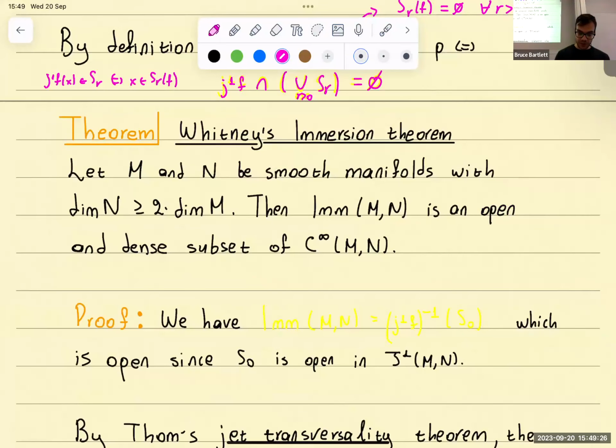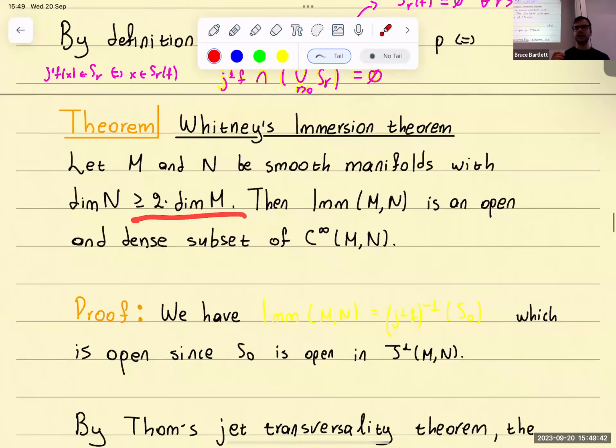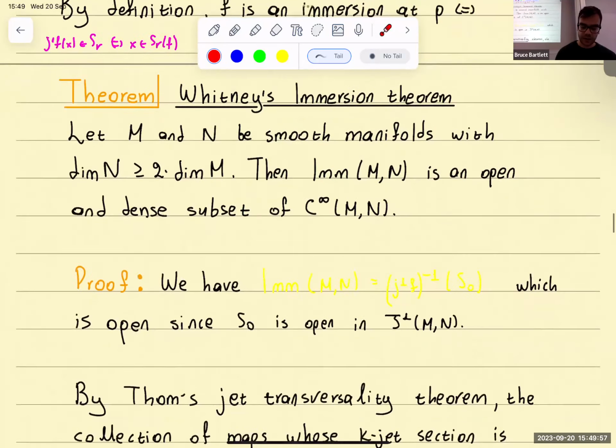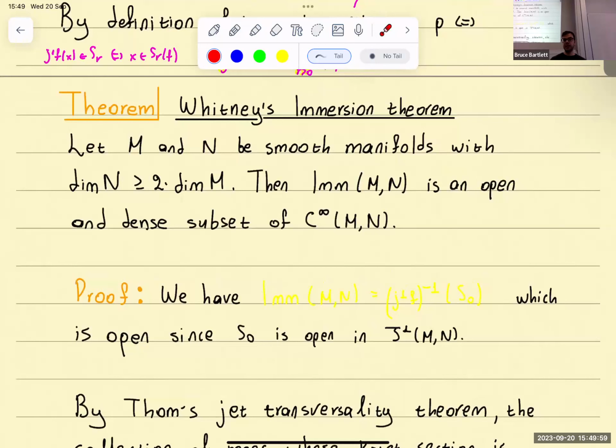Okay, so what's Whitney's immersion theorem? Whitney's immersion theorem tells you that if M and N are smooth manifolds, and the dimension of N, so N will be the target in our example, is much bigger than the dimension of M, and by much bigger we mean greater than or equal to twice its dimension, then the space of immersions from M to N is an open and dense subset of the space of all smooth maps from M to N. And in particular, that implies that it's non-empty.